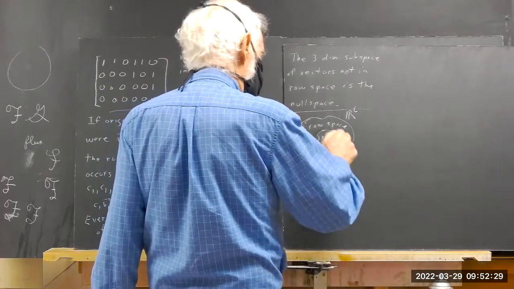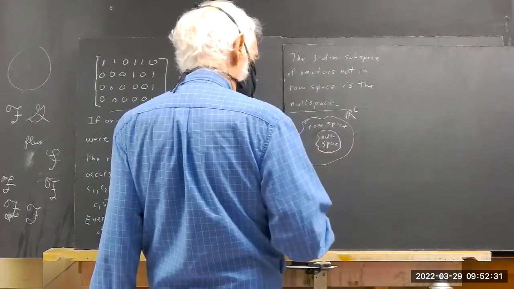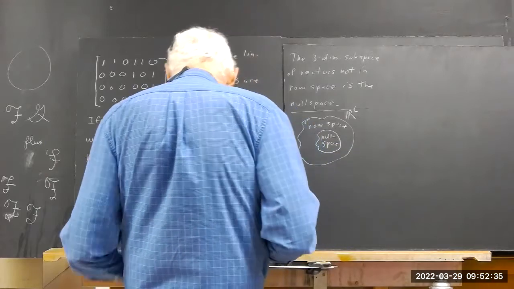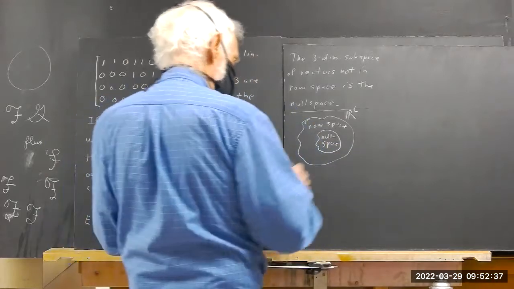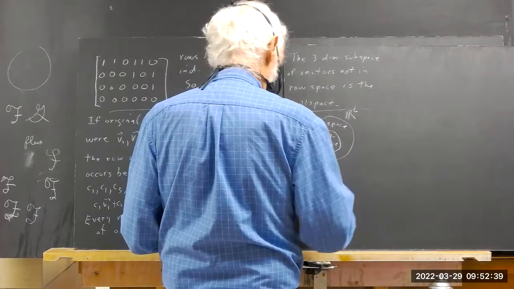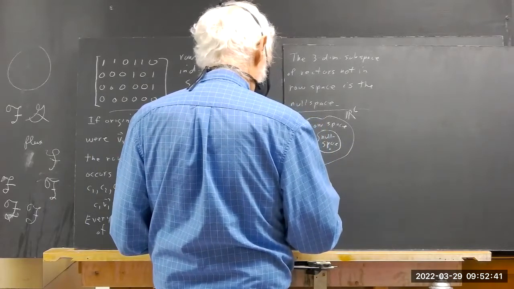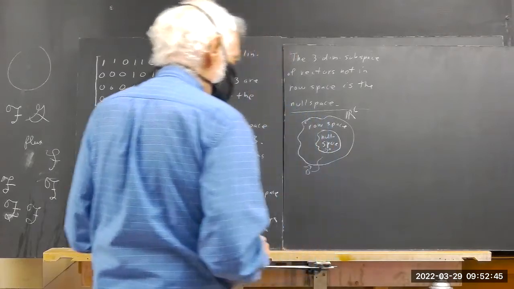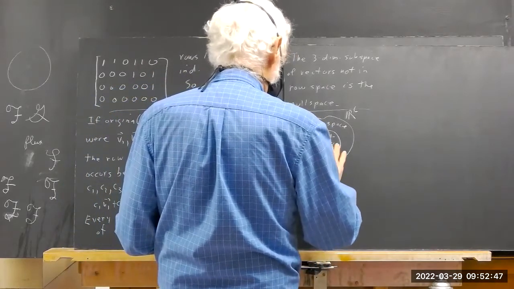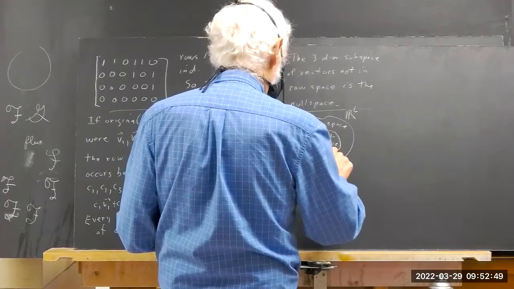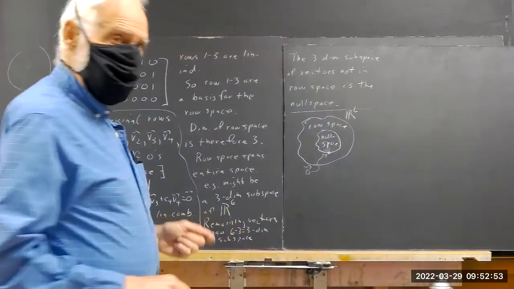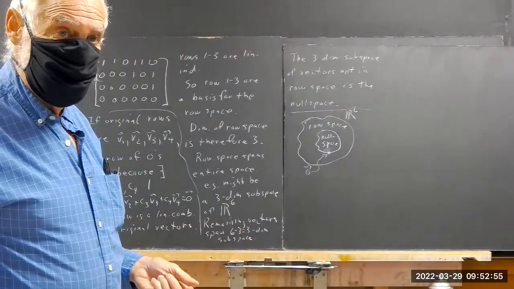The only intersection between the row space and the null space is the zero vector. And since it's in the intersection, I guess I probably ought to put it on the boundary, okay?